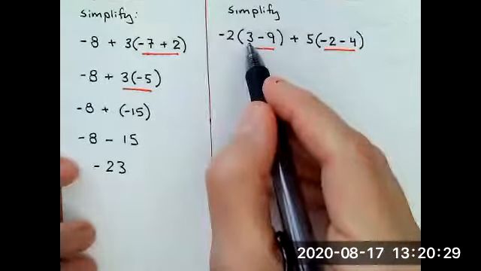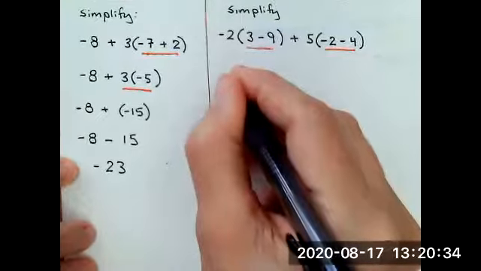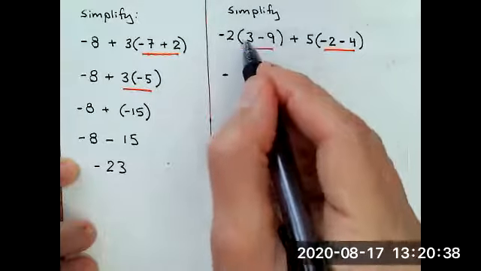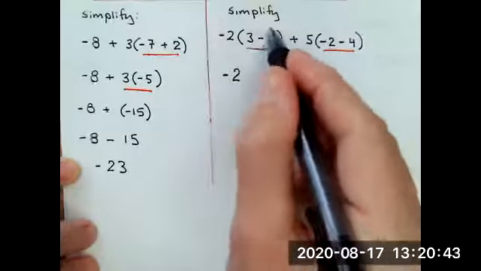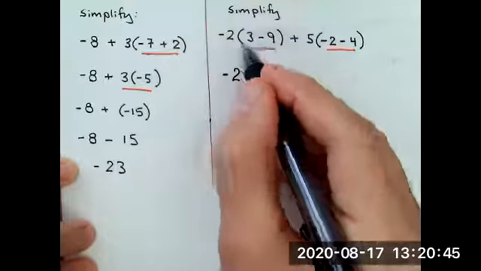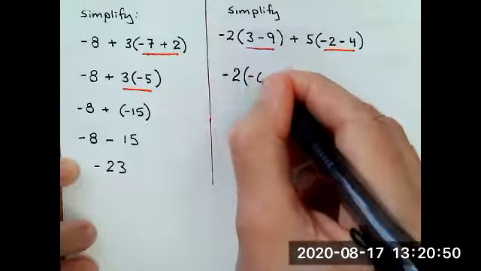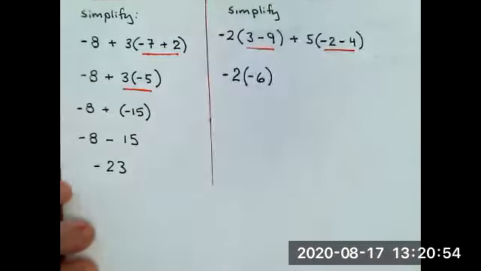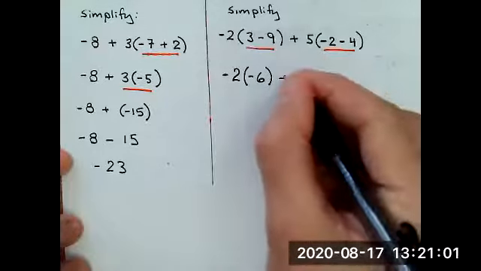So we have +3 plus -9. Those have different signs. So we subtract 3 from 9. The result is going to be negative. And because the result of an operation inside the parentheses is negative, it's safest to keep it inside parentheses. There's times when you don't need to keep the parentheses, but if you're ever unsure, you want to keep those parentheses.